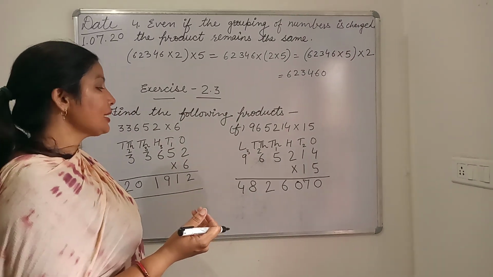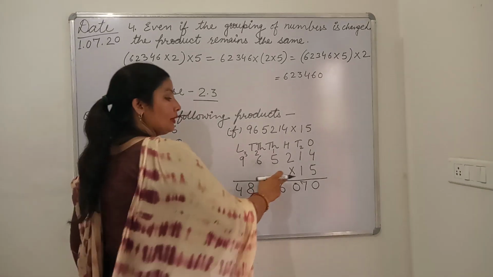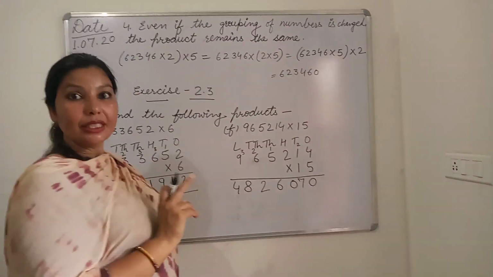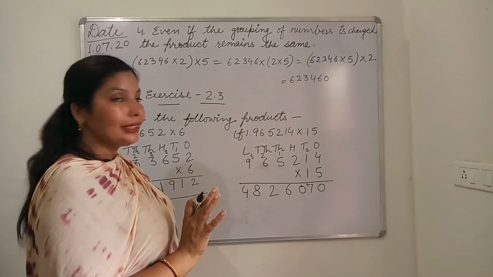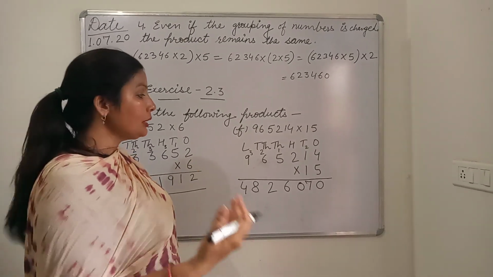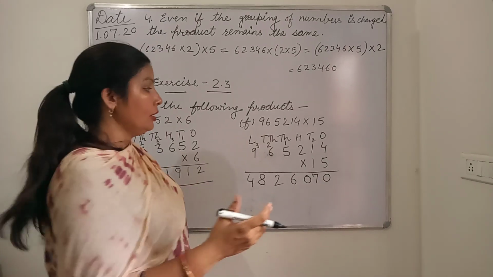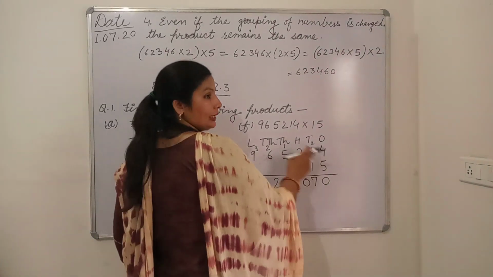Now next, here we have 1 tens. So 1 is in the tens column. 1 tens means the ones column will be 0. 1 tens means 10, so we should multiply by 10.